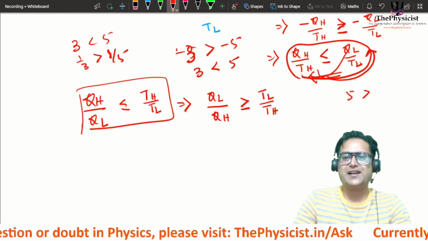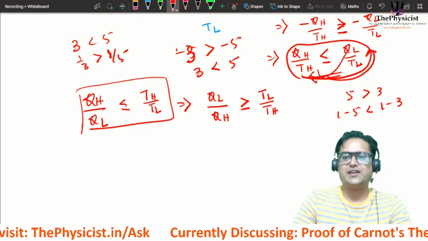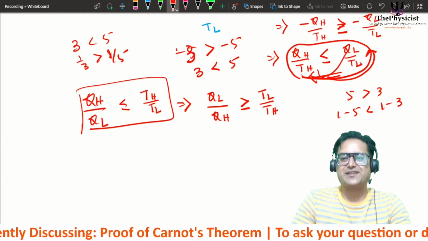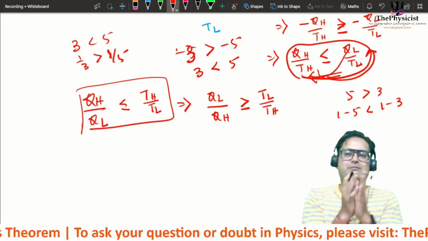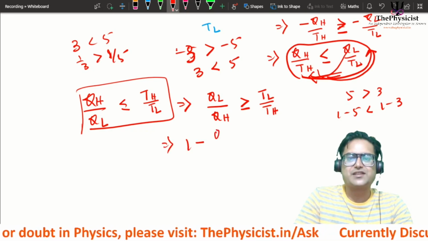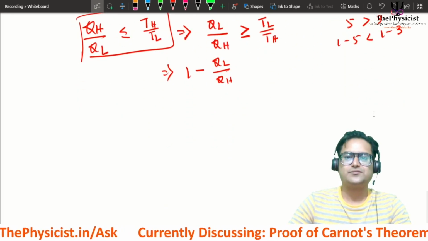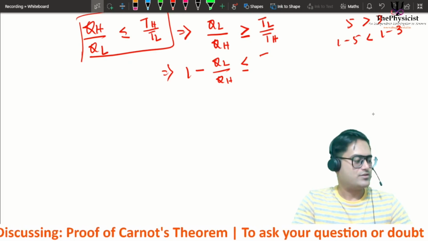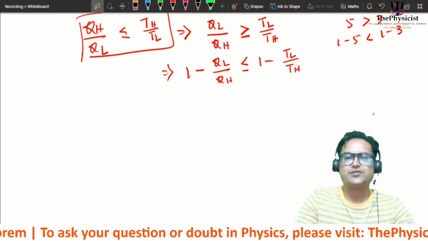If 5 is greater than 3, then 1 minus 5 must be less than 1 minus 3. That is minus 4 must be less than minus 2, because if I'm subtracting a bigger thing from the same thing, what I'm going to get is a smaller thing. So that means 1 minus QL by QH is less than or equal to 1 minus TL by TH.